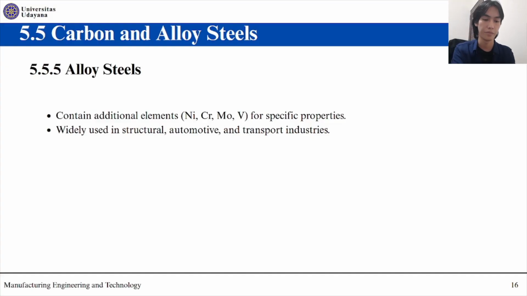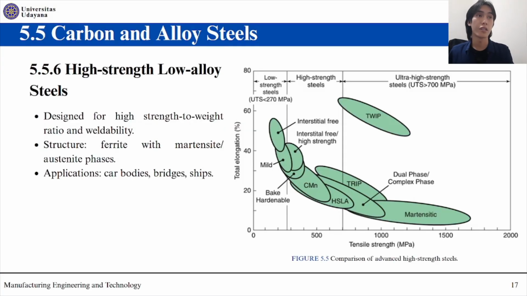Next, high strength low alloy steels. High strength low alloy (HSLA) steels are designed for a high strength to weight ratio and good weldability. The typical microstructure consists of ferrite with small amounts of martensite or austenite.